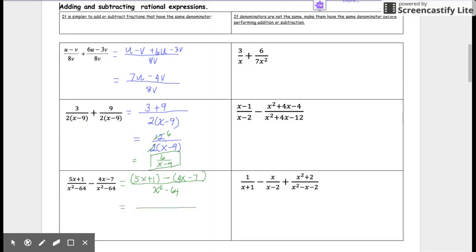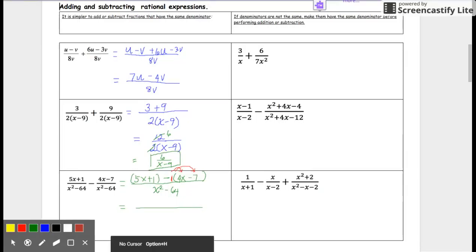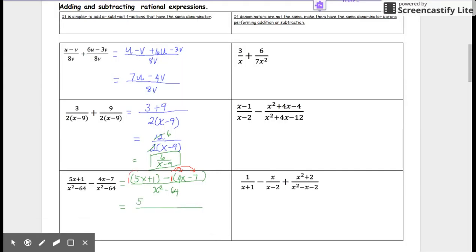Now, that means we have to think that there's a 1 here in the front and we have to distribute. So we'll just have 5x plus 1 minus 4x plus 7. This becomes positive 7 over x squared minus 64.